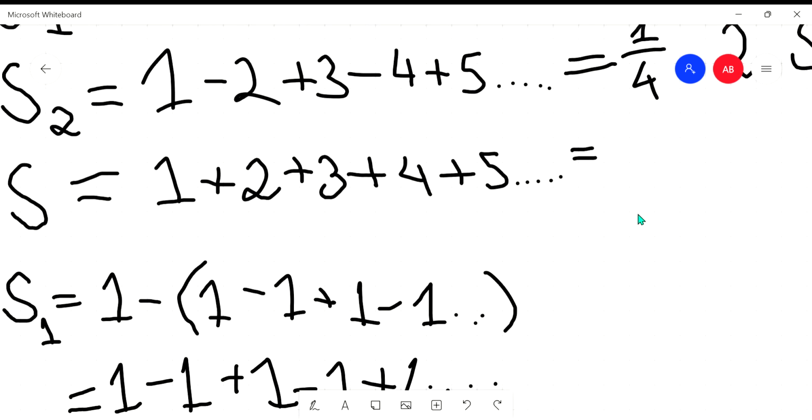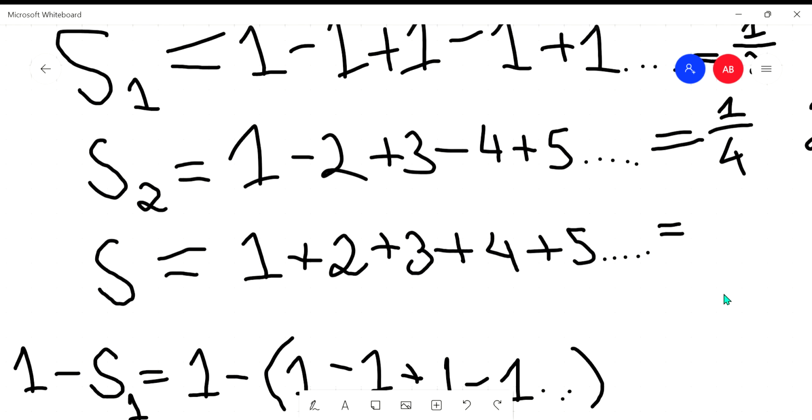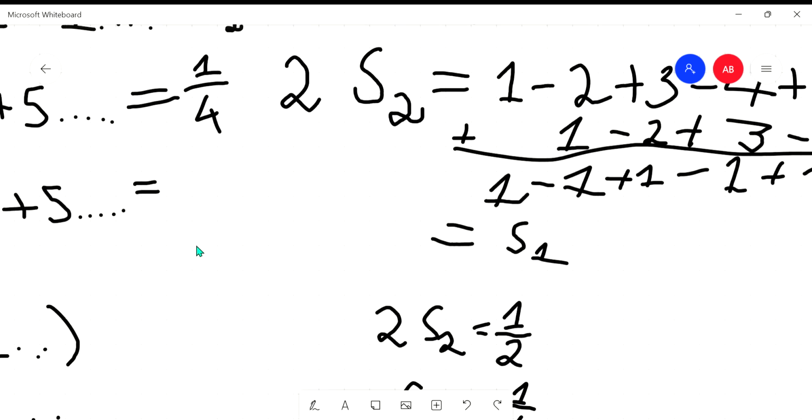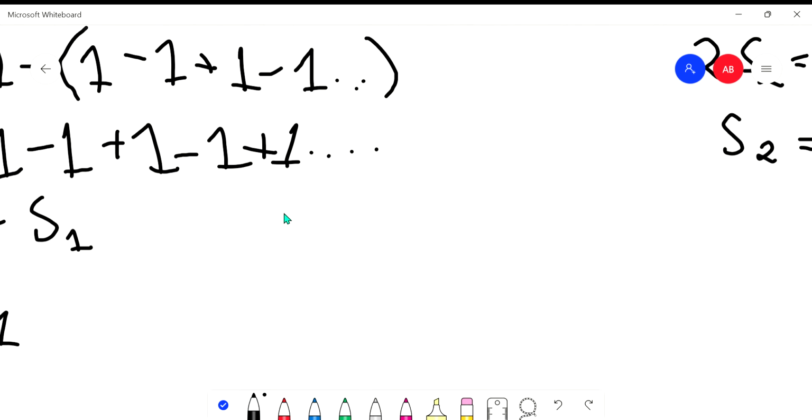This time what we're gonna do is, what was the step? Okay, I think I know what to do. It's S2 minus S if I'm not mistaken. Yeah, I think so.